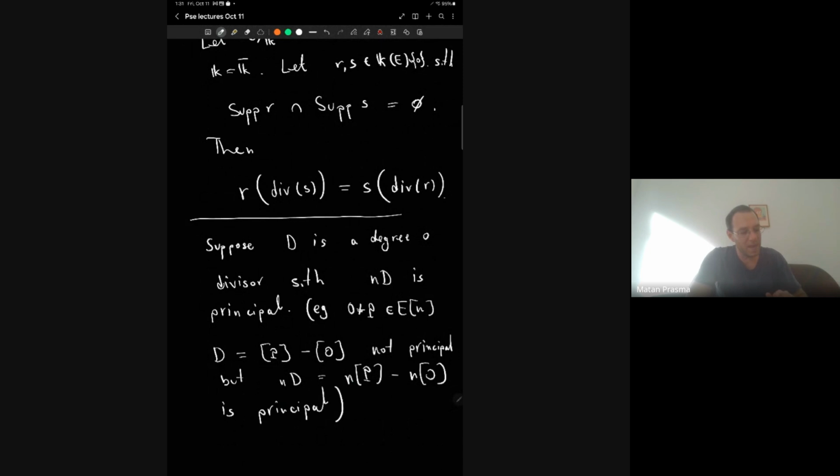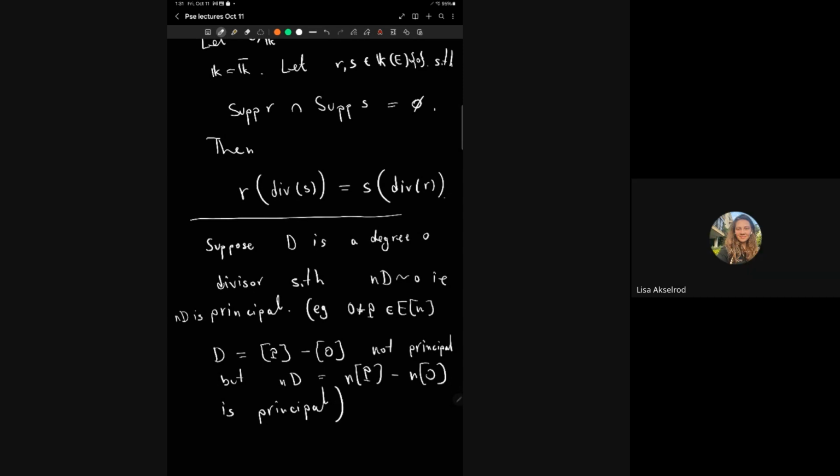So I take some divisor of degree 0 such that ND is principal. By the way, we also write that ND is equivalent to 0. What do you mean here by equivalent?